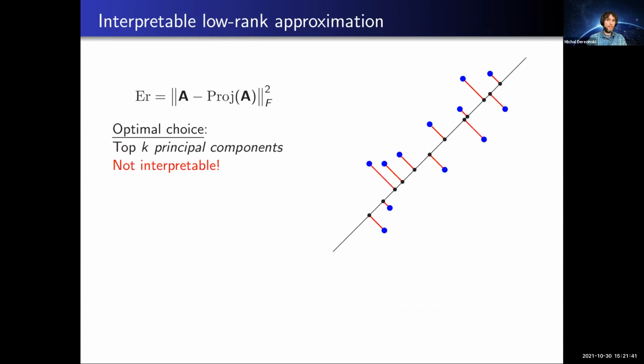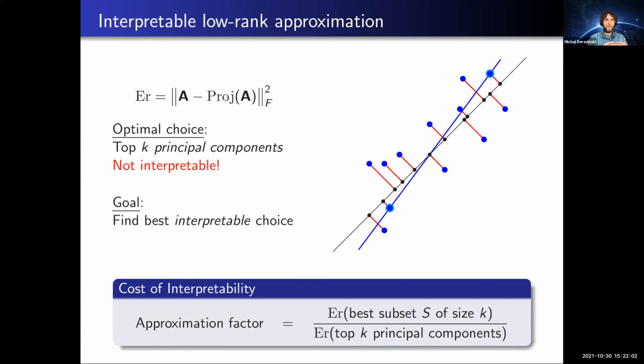Without additional constraints, there's a uniquely optimal choice to minimize this error by projecting onto the top k principal components in the data. However, typically these principal component vectors will not correspond to any interpretable features or instances, which is why we may want to choose a subspace that is spanned by a subset of the data matrix.